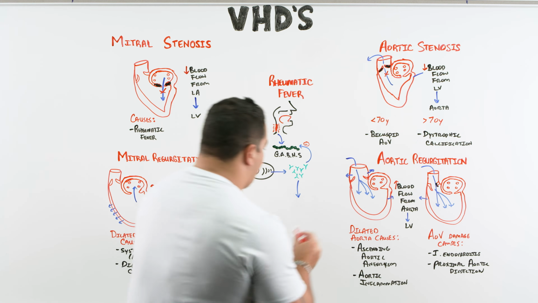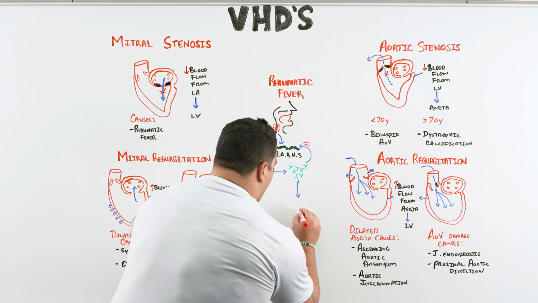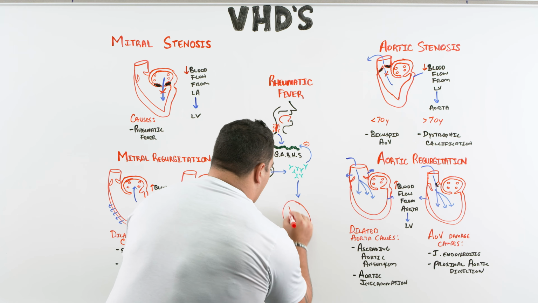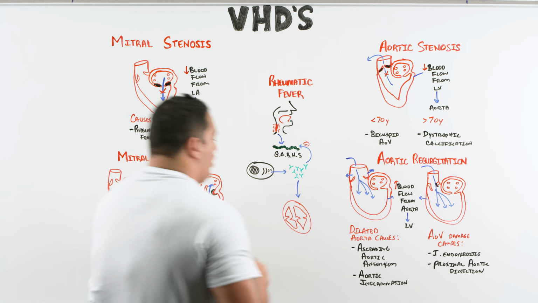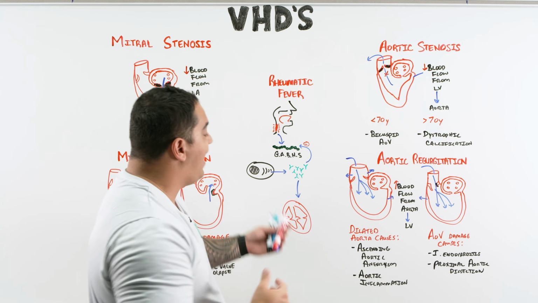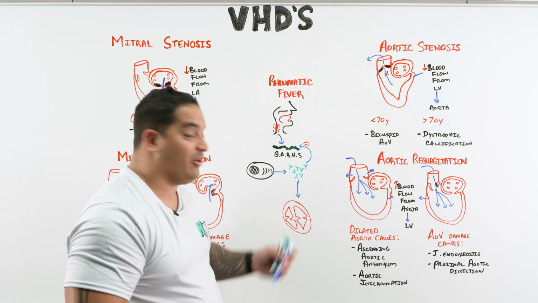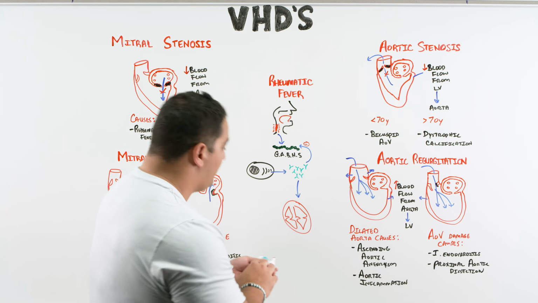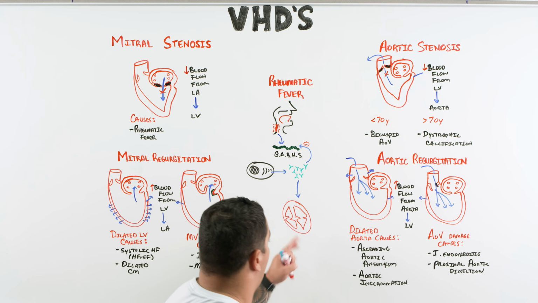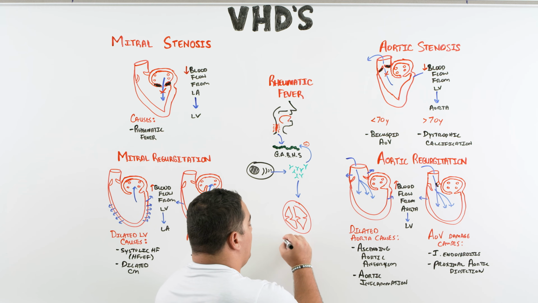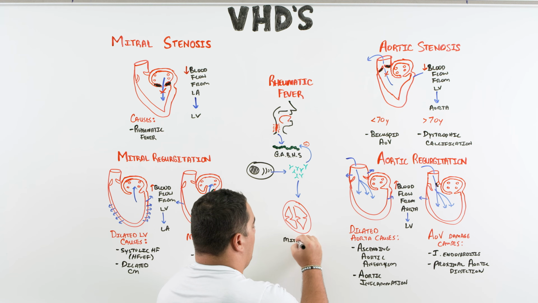And one of those tissues that we have discussed here is particularly what? The heart. And with that being said, when these autoantibodies go and attack the heart, they love to attack a couple different valves. The most prominent valve that they love to attack is going to be the mitral valve.